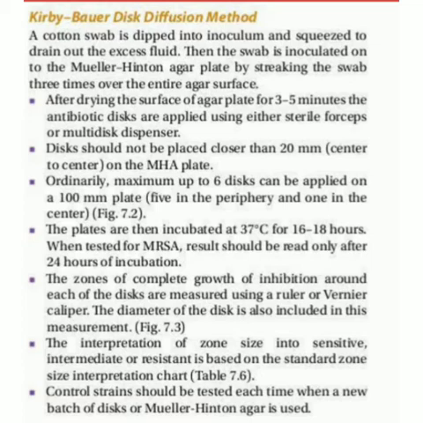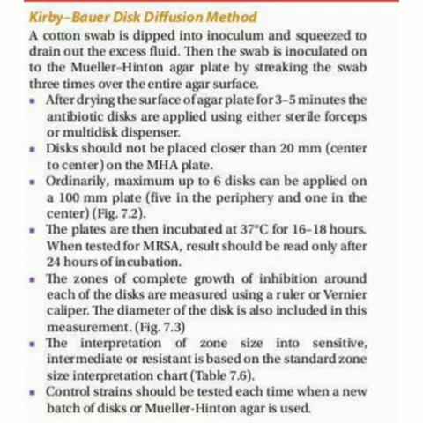Then we keep it to dry, and after it is dried for about 3 to 5 minutes, we apply the antibiotic discs on it. We have to note the discs should not be placed closer than 20 mm on the MHA plate. So usually about 6 discs are placed, 5 around the periphery and 1 in the center.